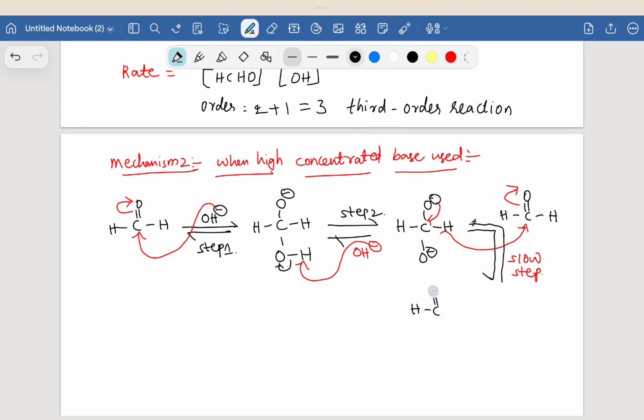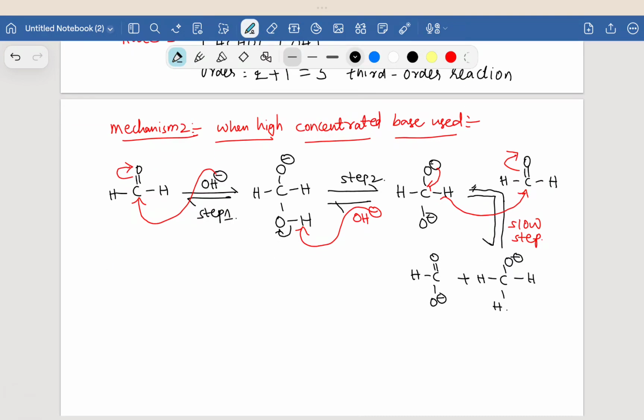HC double bond O minus plus HCO minus H. So with this the reaction will stop. If I can write it like this, this one only I am writing in another structure, an easy way: HC double bond O minus plus CH3O minus.